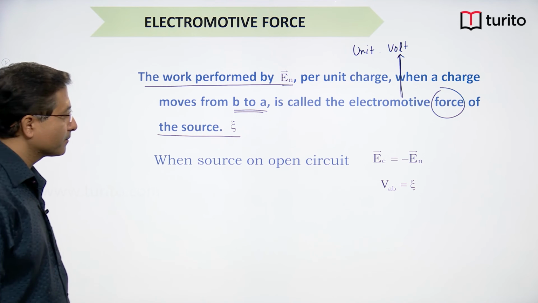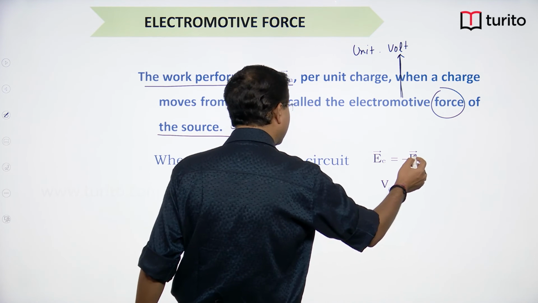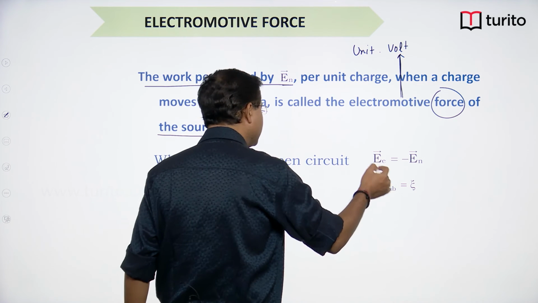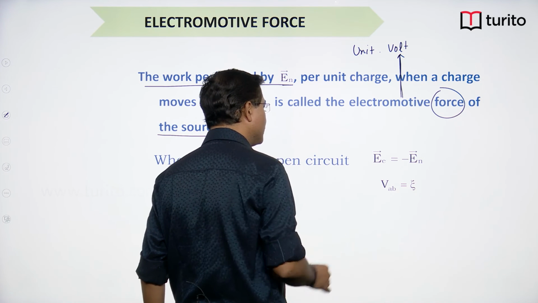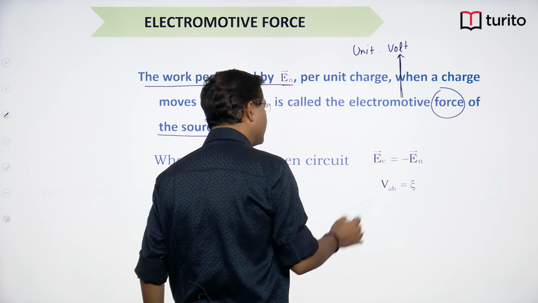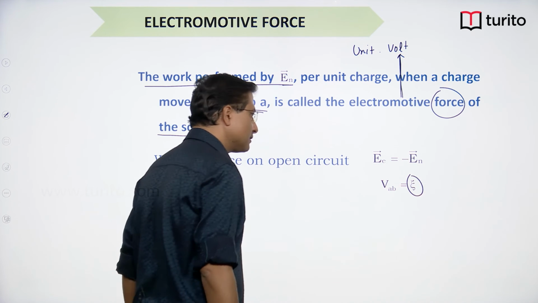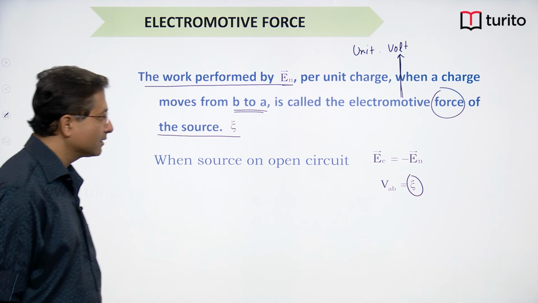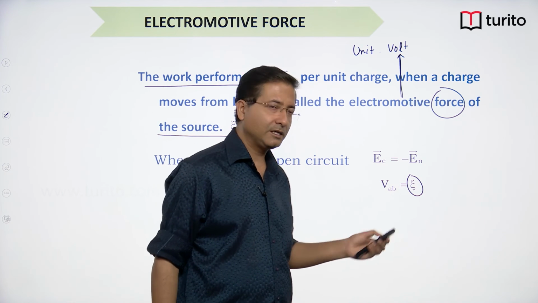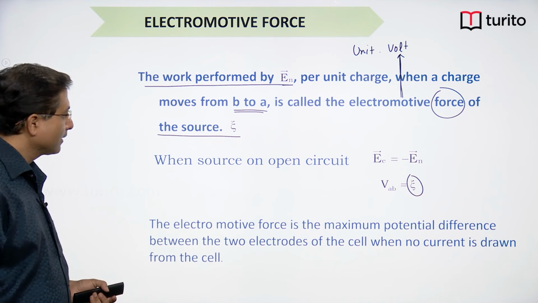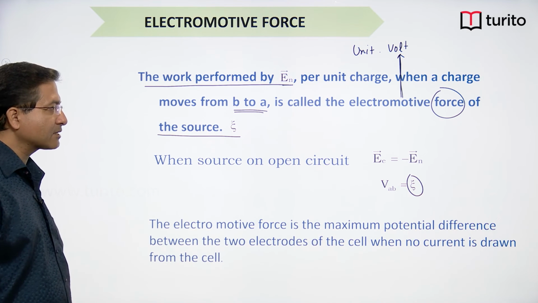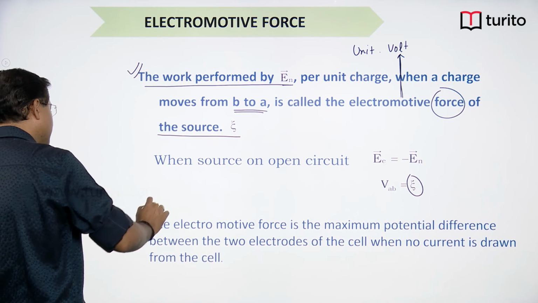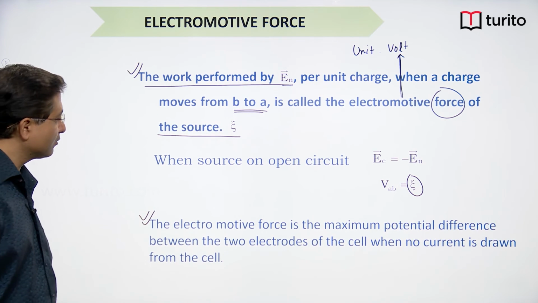When the source is open, Ee is equal to minus En, and if I multiply Ee by displacement, this will become the potential difference, and this we are defining as EMF. So when in open state, this VAB will be equal to EMF, okay. The electromotive force is the maximum potential difference. This is another, better definition, and this is also the way we can define electromotive force.